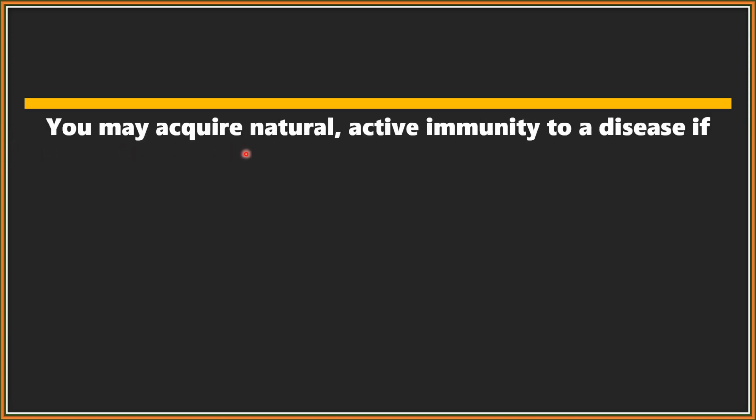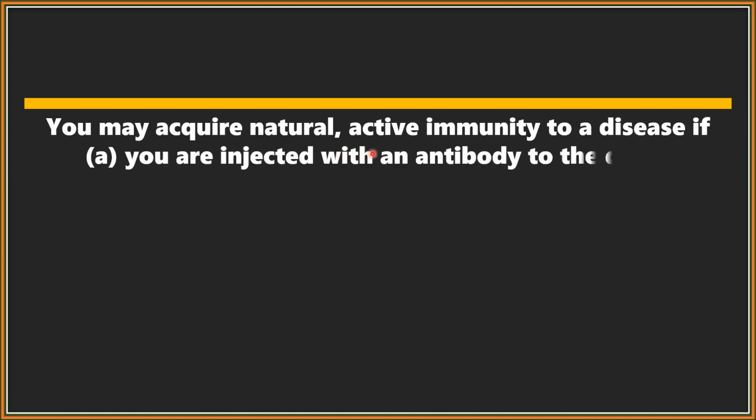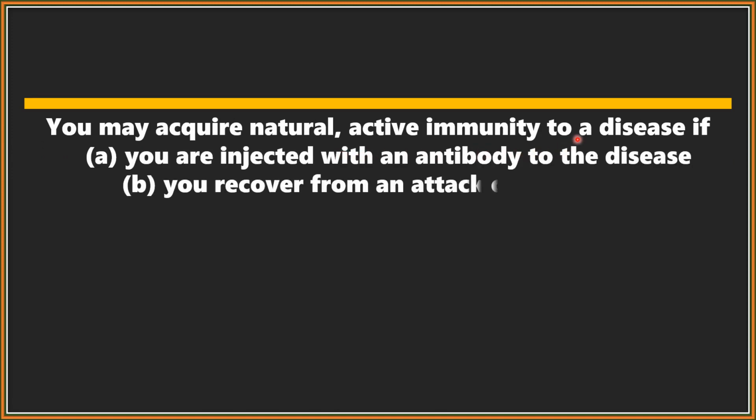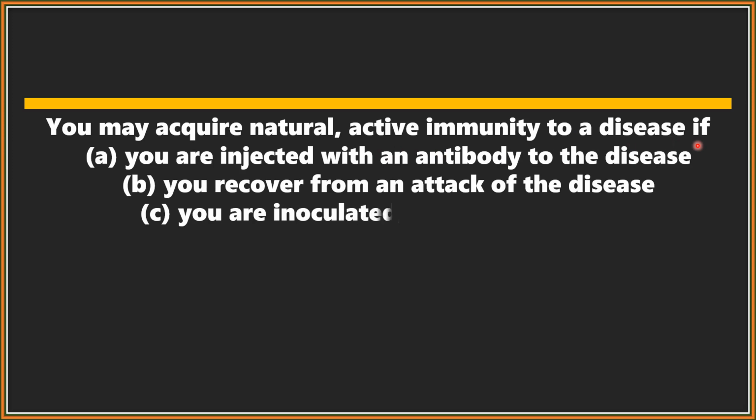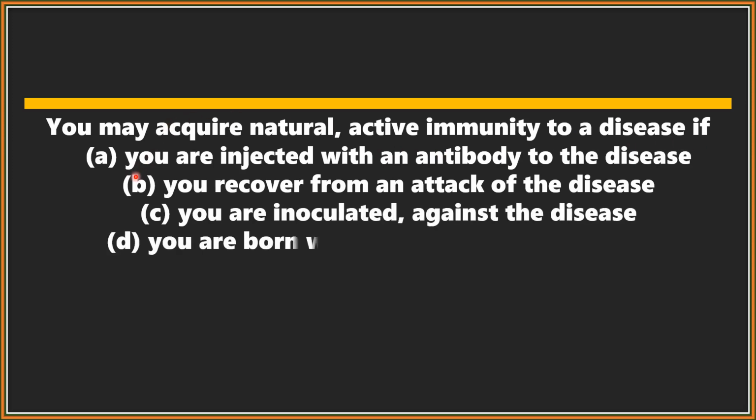You may acquire natural active immunity to a disease if A. You are injected with an antibody to the disease, B. You recover from an attack of the disease, C. You are inoculated against the disease, D. You are born with antibodies to the disease.